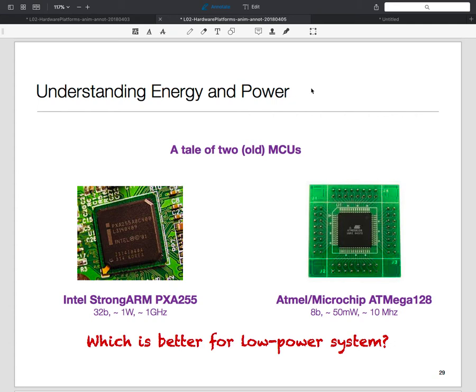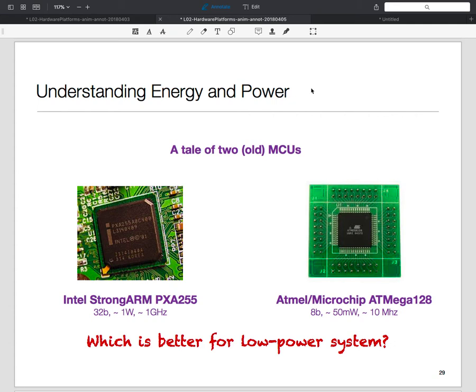Okay, so that's one possibility. What if I were to actually operate it at 10 megahertz? We can perhaps try to get some number out here. 10 megahertz is a gigahertz divided by 100, so it would be 1 watt divided by 100, so I would be at 10 milliwatts.